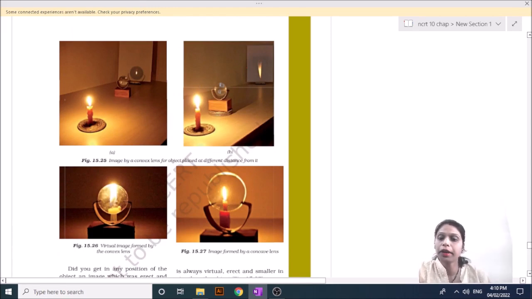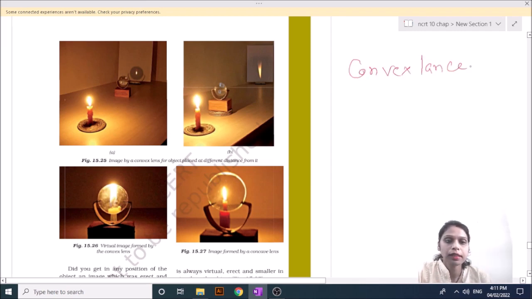Whereas with a concave lens it is different. When we put a concave lens near the candle, we find a virtual, erect and smaller image.